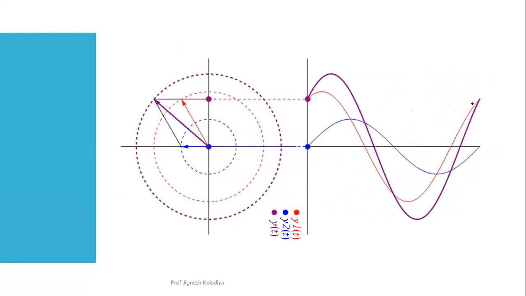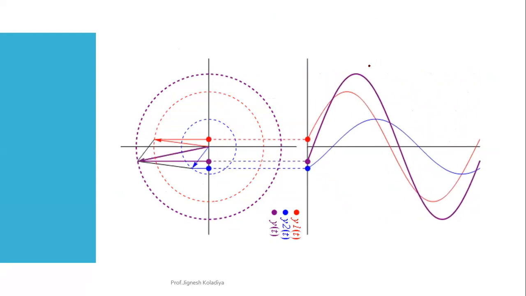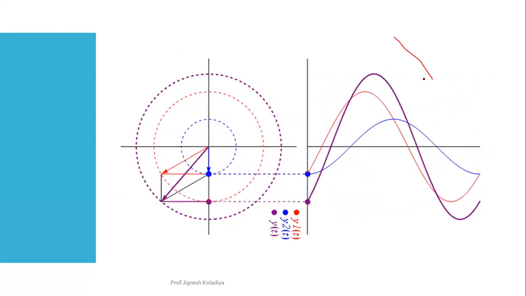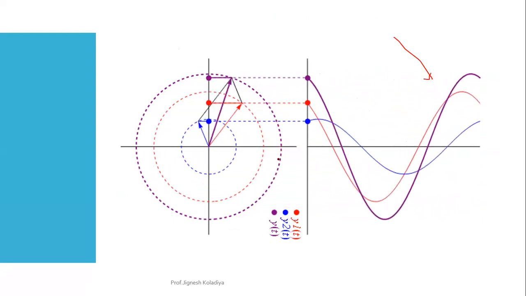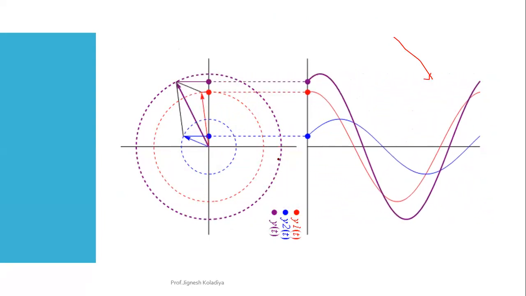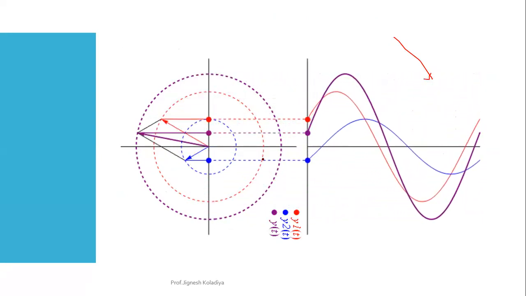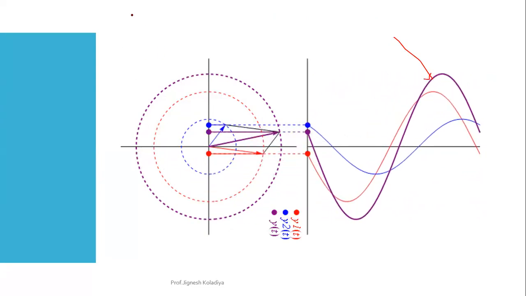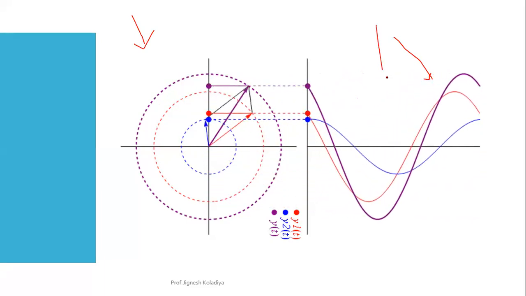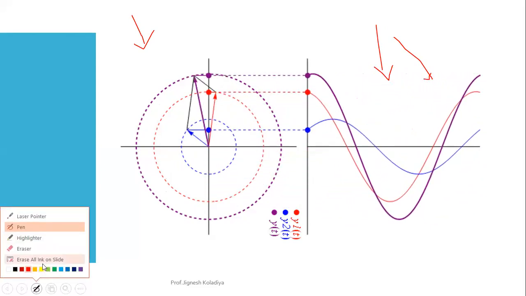So like this you will form the two vector addition, and this purple color will give you the output, means resultant of both these two. And as it is continuously rotating like this, you can see. So in this way, this is the vector representation, and this one is your graphical representation. So this is a very common method for waveform addition.